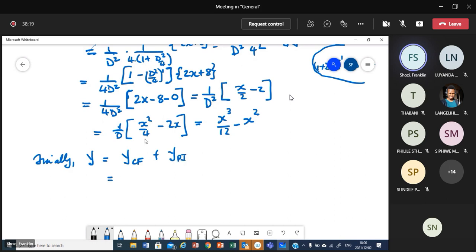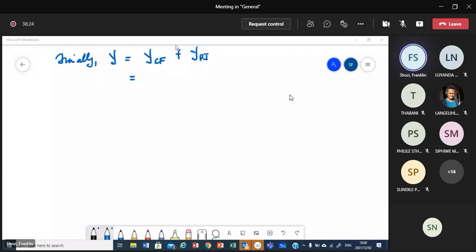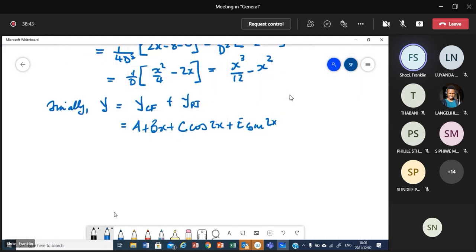What was my y CF? My y CF was that one on top, which is A plus Bx plus C cos 2x plus D sine 2x, plus x cubed over 12 plus x squared. That is your solution.